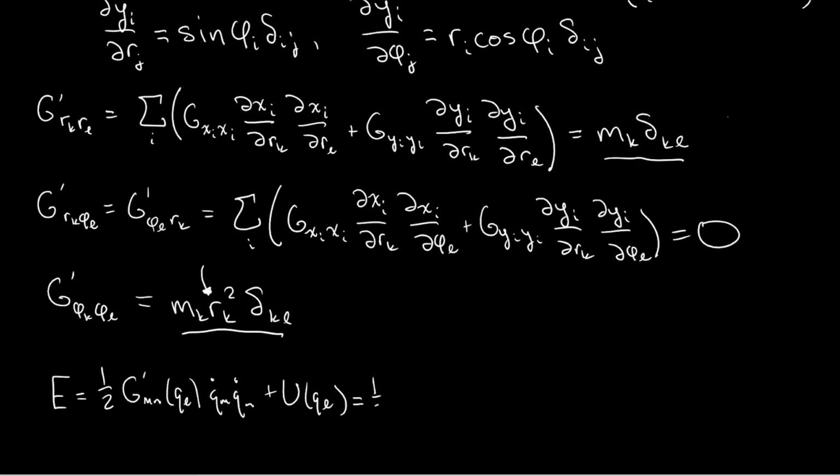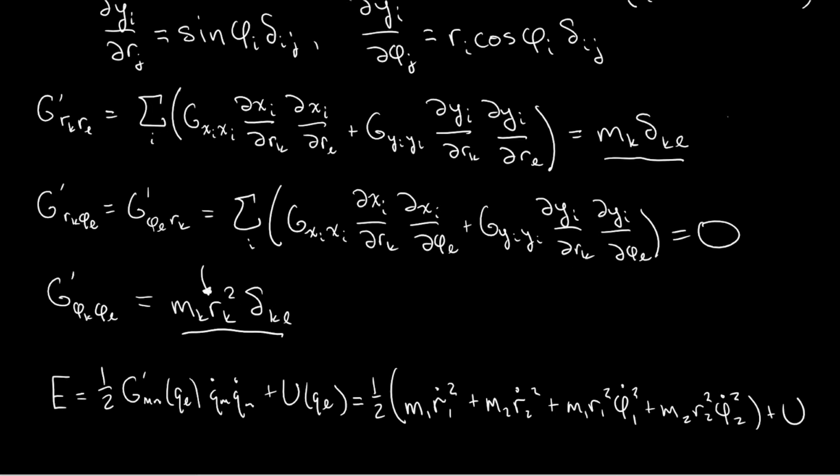And just plugging stuff in, I get something which looks like this: m_1 r dot_1 squared plus m_2 r dot_2 squared plus m_1 r_1 squared phi dot_1 squared plus m_2 r_2 squared phi dot_2 squared, plus my potential energy.